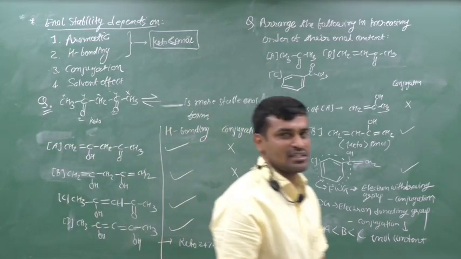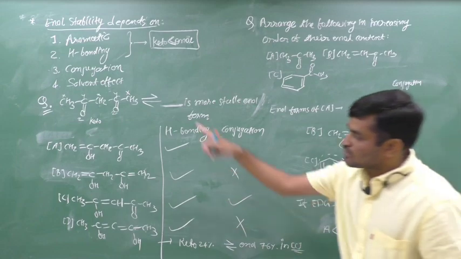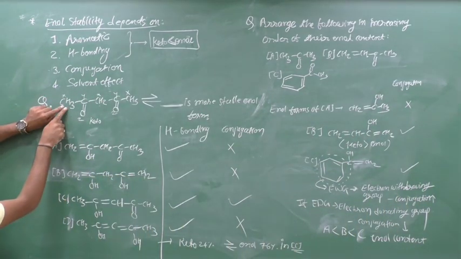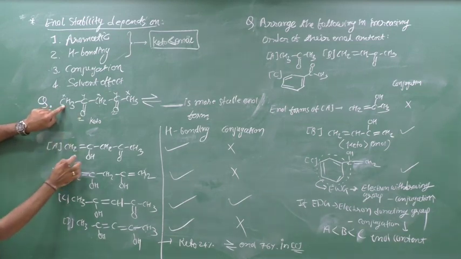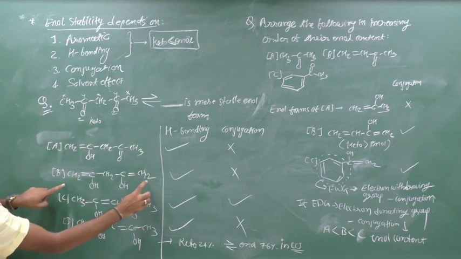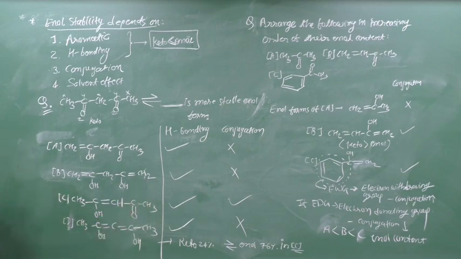There are four possibilities to form an enol content of this compound. If we shift this hydrogen, we can form this content. If we remove these two hydrogens, we can form this. If we remove this hydrogen, we can form the compound like that.